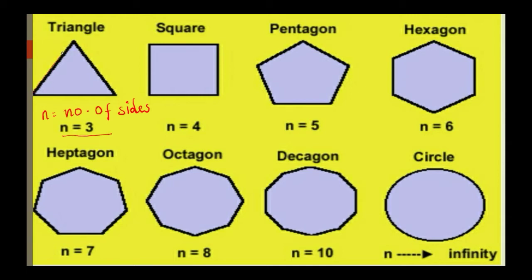See, one line segment, two line segments, three line segments. So it has three line segments, then it is called a triangle. If it has four line segments, then it is called a quadrilateral.